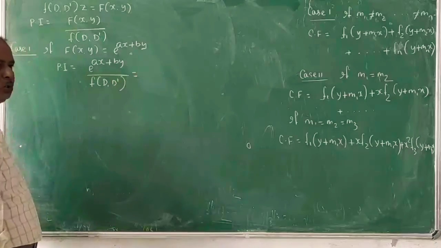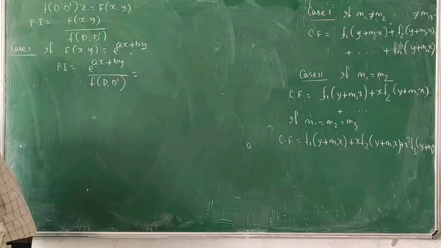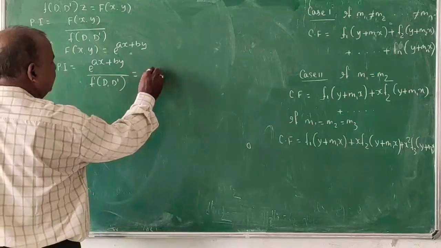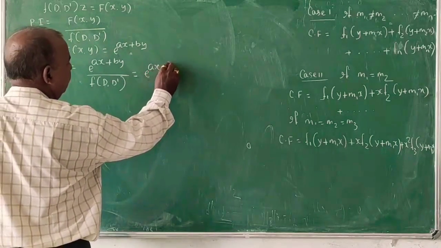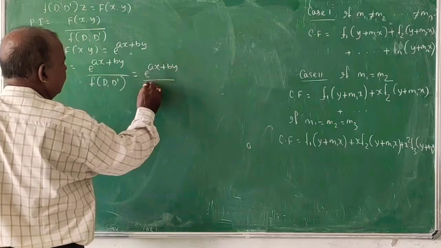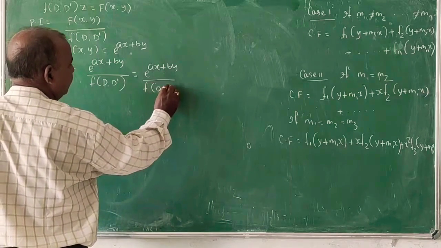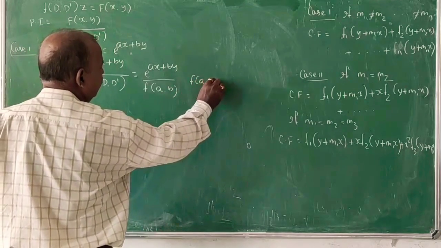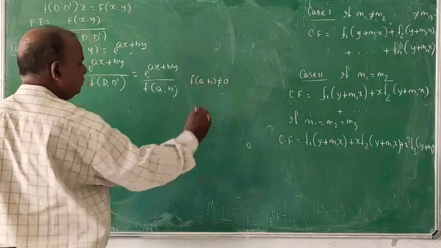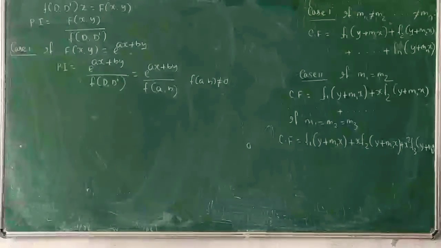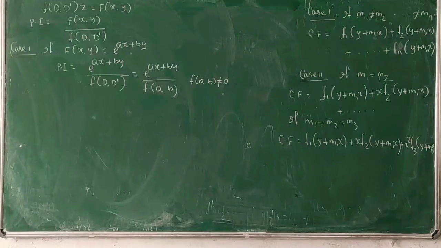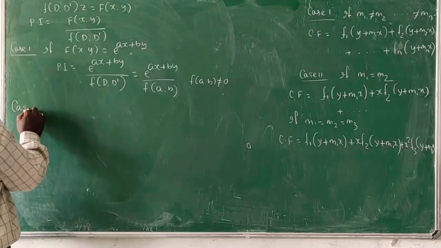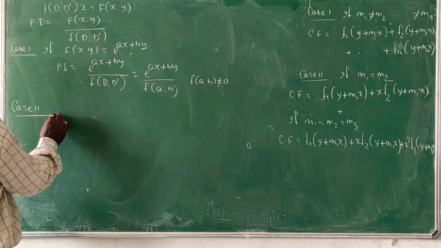That is equal to, you have to substitute a instead of D and b instead of D dash here. So it is e to the power ax plus by divided by f of a, b, provided f of a, b is not equal to 0. If it is 0, then I shall tell you the general formula for this.